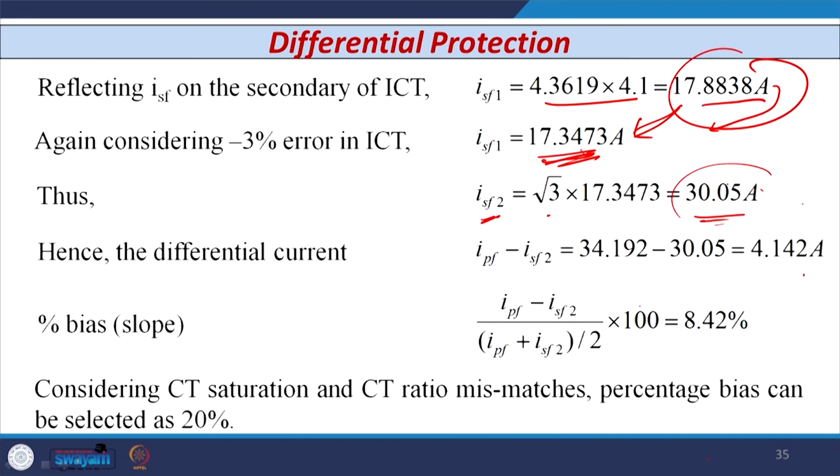If I take the difference of these two currents, 34.192 minus 30.02, the differential current is 4.142 ampere, and the percentage bias comes out to be 8.42%.